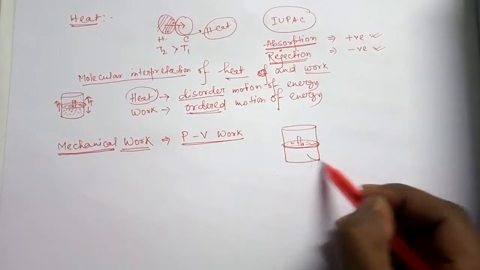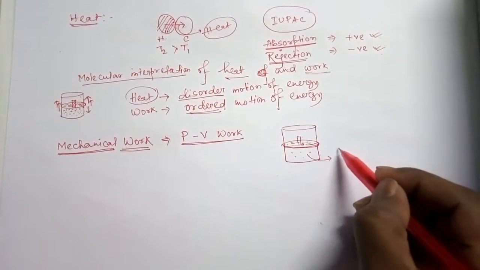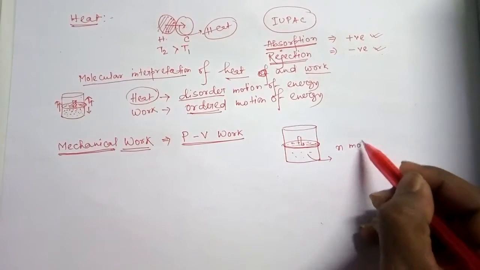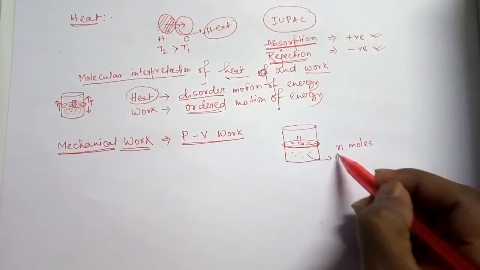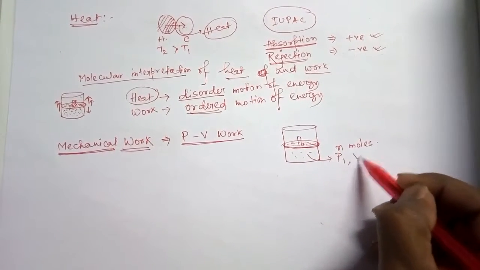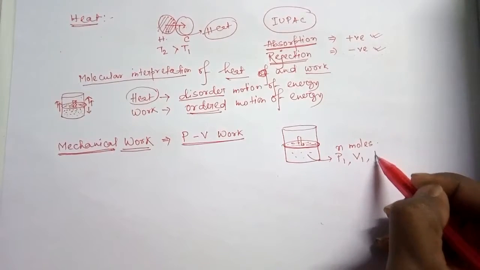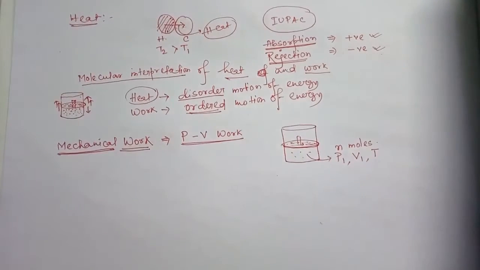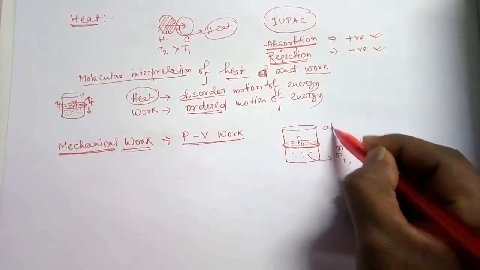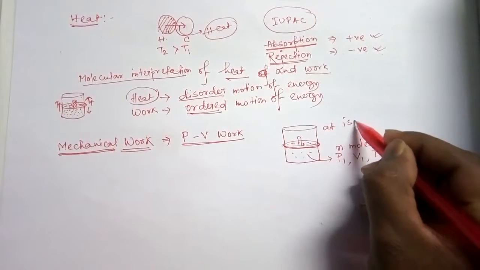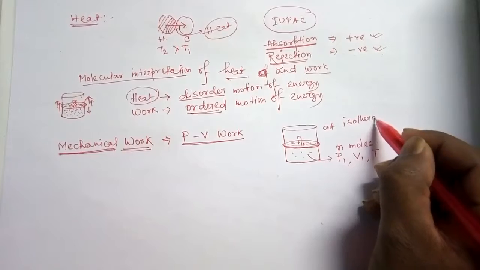Initially it is at P1 pressure, V1 volume and T temperature, and this is undergoing expansion or compression at constant temperature, isothermal condition.